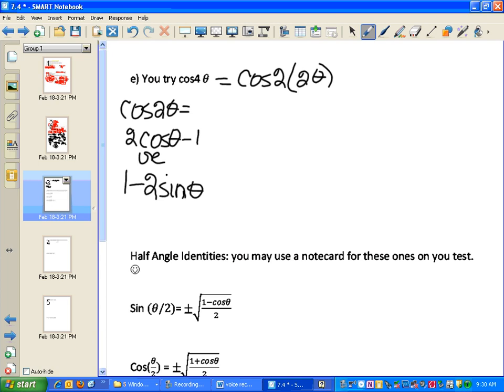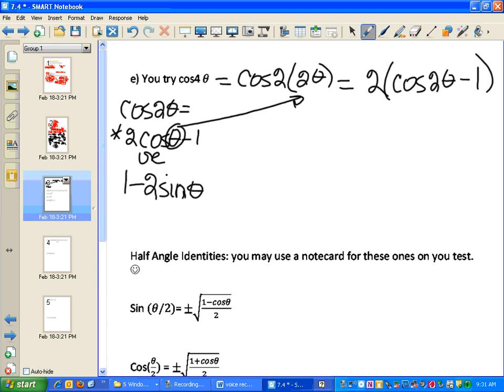Okay, so that means now instead of theta, what am I going to put in here? 2 theta. So I'm going to say, if we use this one, that this is really twice the cosine squared of 2 theta minus 1. Oh, thanks. Okay.